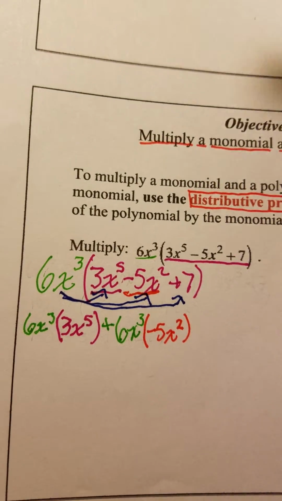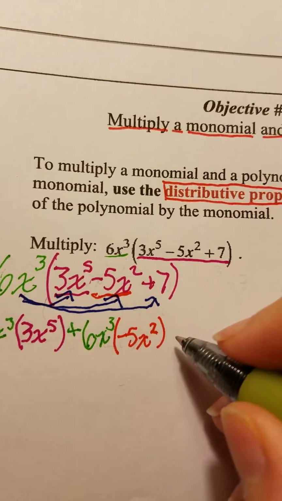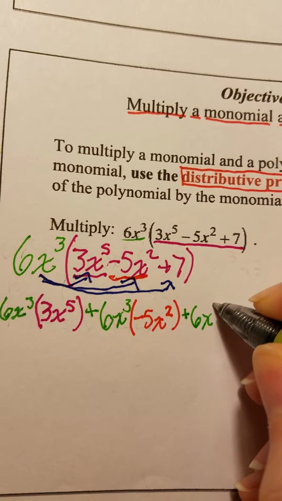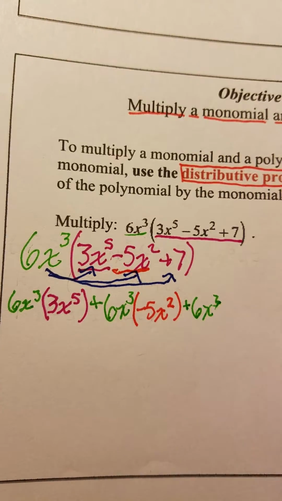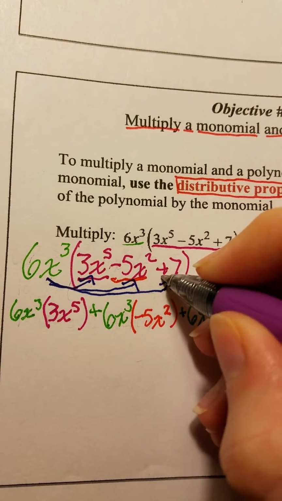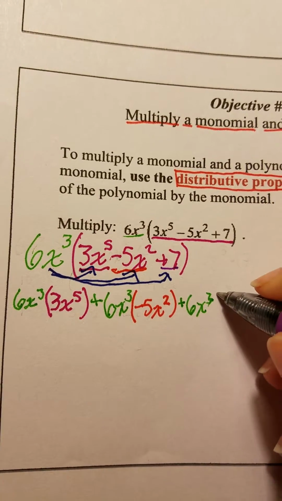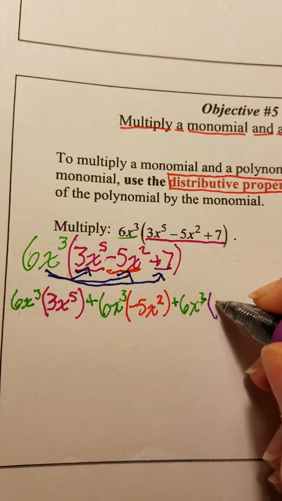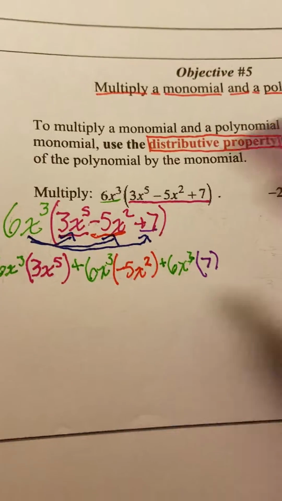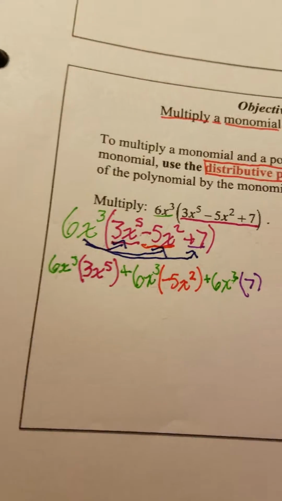Okay, and then since you distributed that, now you're going to distribute the 6x cubed to the last one, which is positive 7. So now you're doing all of these separately, okay?